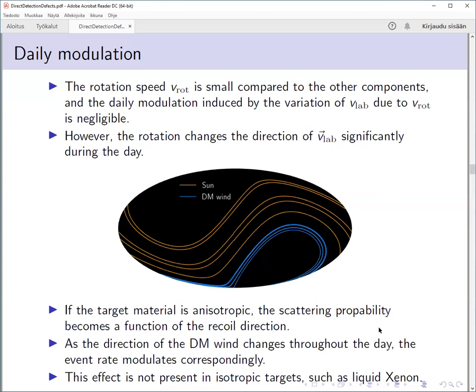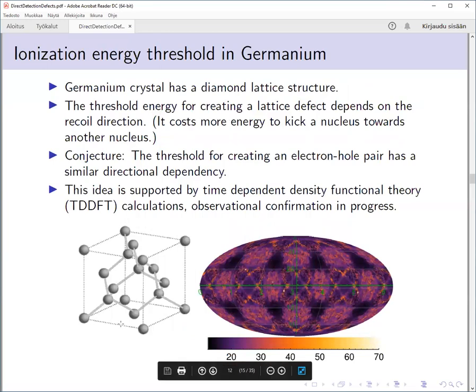Now, this becomes important when the scattering energy is of the order of the binding energies of the nuclei in their lattice sites. So if you have a very high energy collision with, let's say, a germanium atom in a germanium crystal, then it is to a good approximation equal to the situation that you would just have a free germanium atom being hit.